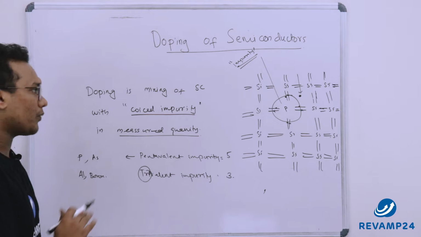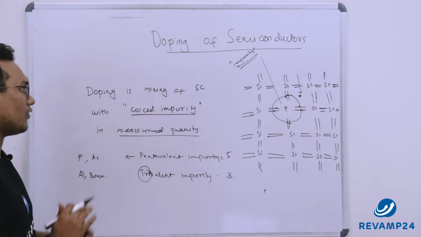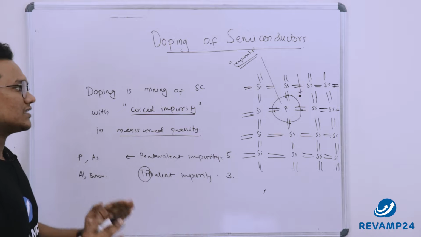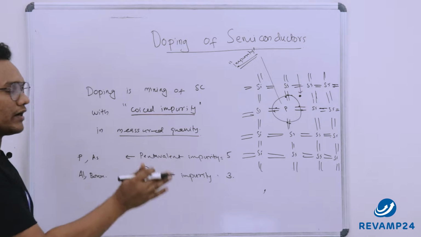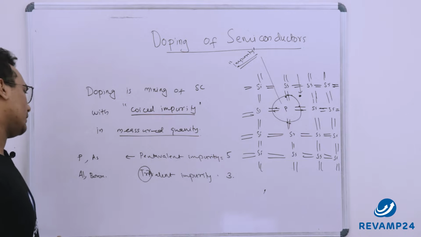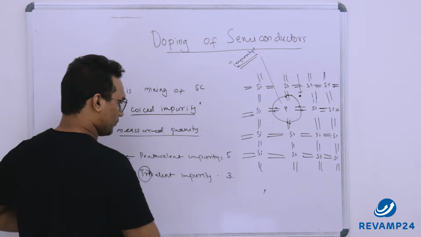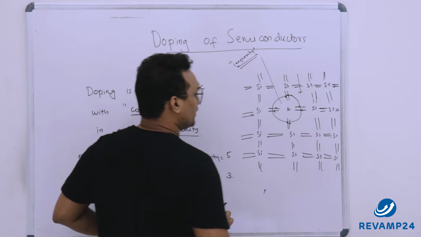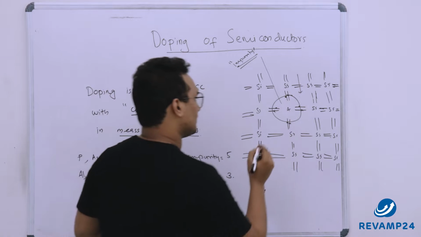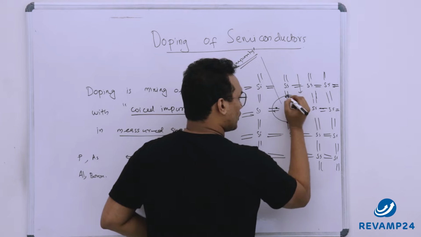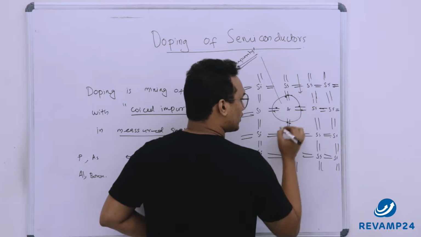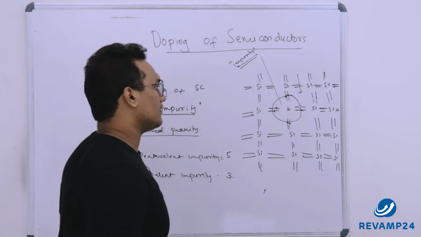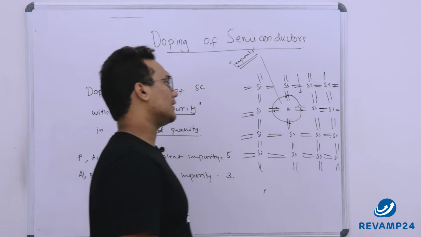Now we have one more type of extrinsic semiconductor, which is made by adding a trivalent impurity, for example, aluminum and boron. When I keep an aluminum atom here, aluminum has only 3 valence electrons. So 1 it will contribute, 1 more it will contribute, 1 more it will contribute, and to share with this silicon it will not have any electron.